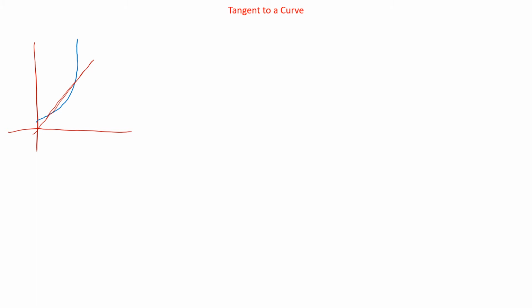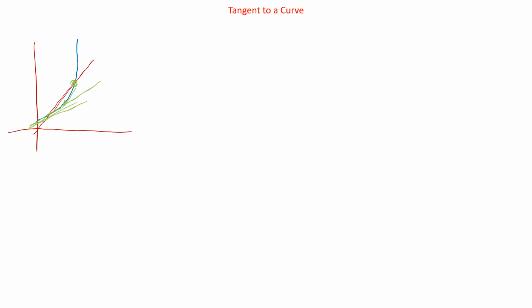Now, what we're going to do is we're going to move this point closer to the other point, because as we move it closer, it's becoming more and more of a tangent line.